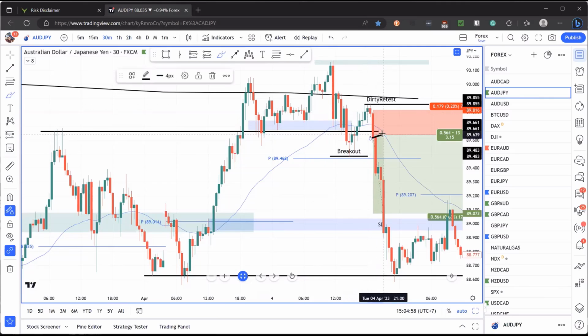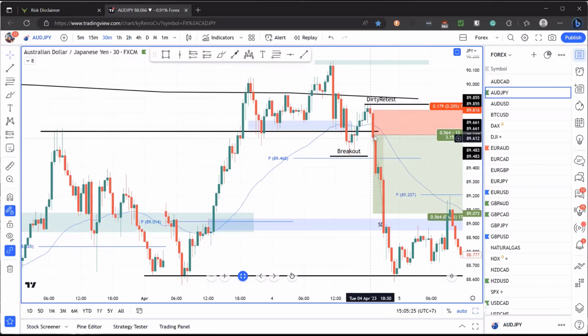So the stronger the reaction that we get, the better it is. I don't necessarily need the market to clear the low here. So I don't wait for the market to make a new lower low or higher high in case of an uptrend, obviously. But what is very important is that you see strong bearish momentum come in the market. And that is a good indication that the move here inside of the pattern is not something that is too worrying.